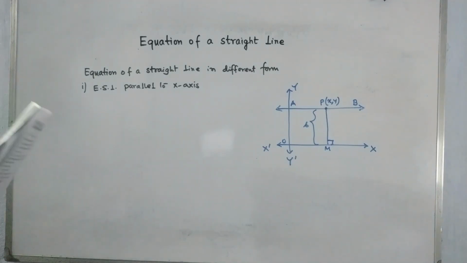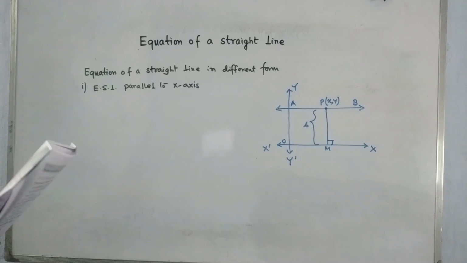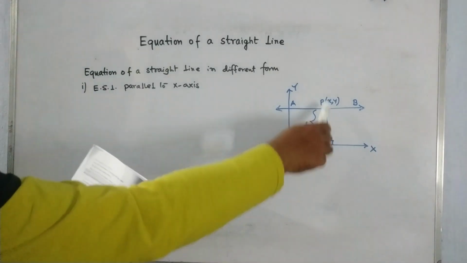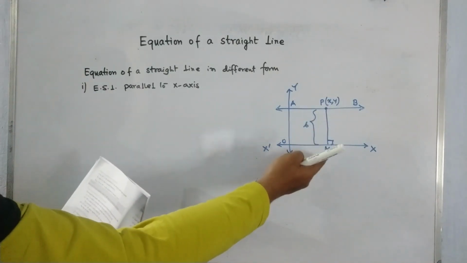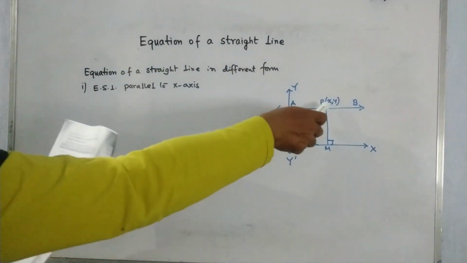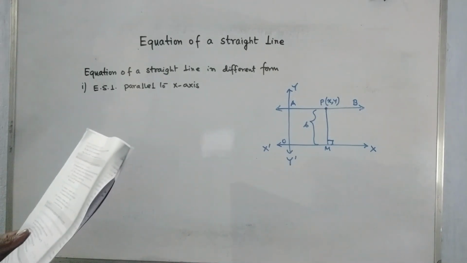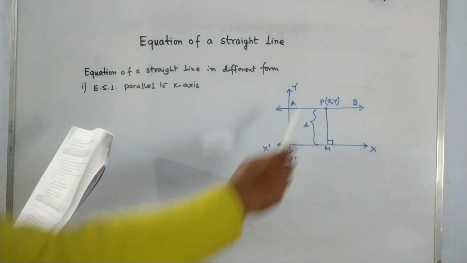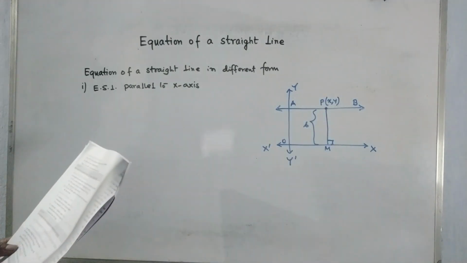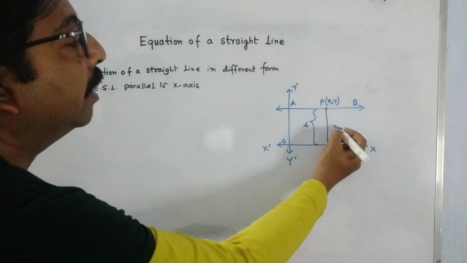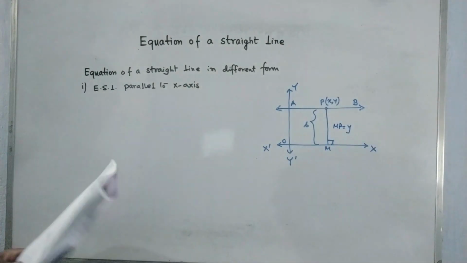Now AB is a straight line parallel to the x-axis, then the ordinate of every point on that line AB is constant, say b, because the distance from the x-axis to the line segment AB is b. We consider it. Now P is a point on that line segment AB whose coordinate is xy. Now we draw PM perpendicular on the x-axis, and that MP is nothing but y.